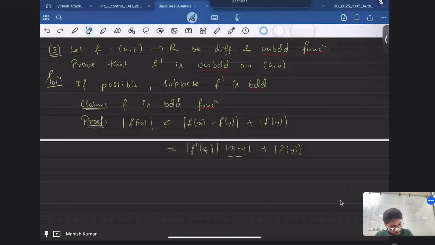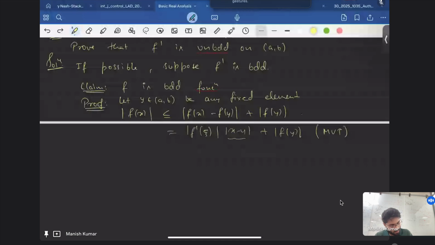This is by mean value theorem, and this is bounded because I assumed f prime to be bounded. So this would be M, and this mod x minus y I can bound by b minus a, and f(y) is a fixed quantity. You can write y naught to show that it is fixed. So this is a constant, which proves that f is bounded on (a, b).